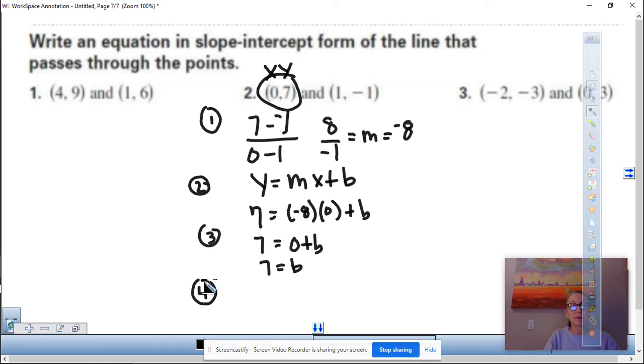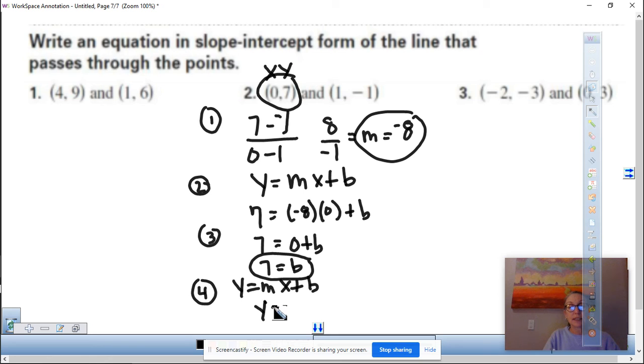Fourth and final step is to use y equals mx plus b and substitute b and m. And I'll get y is equal to negative 8x plus 7. And that's it. That is the equation of the line.